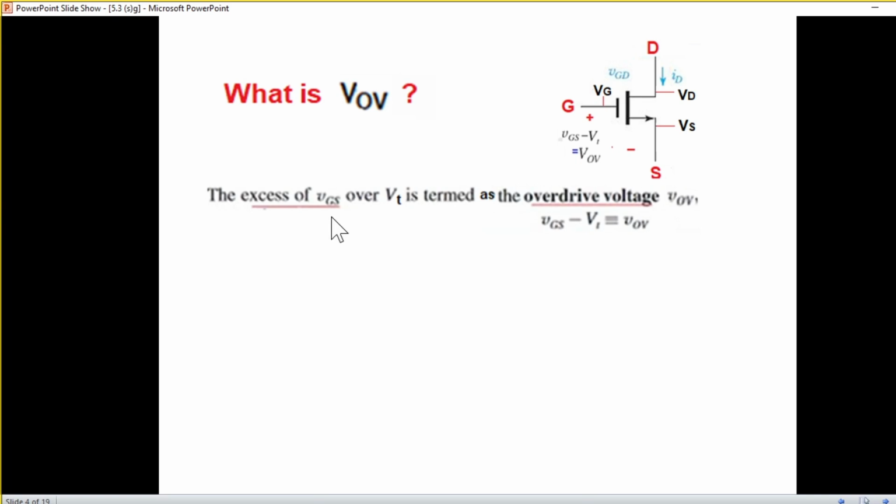Now, the excess of VG over VT, that means VG minus VT, is termed as overdrive voltage. Overdrive voltage is VOV, and you can write VG minus VT is equal to VOV.